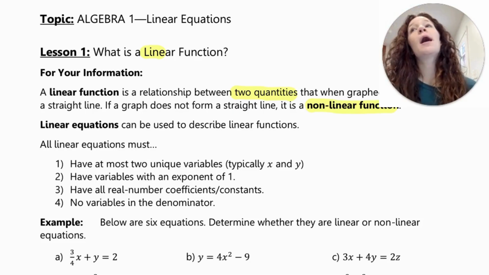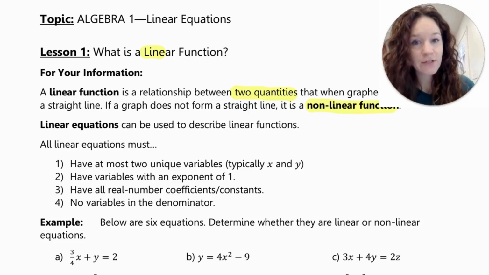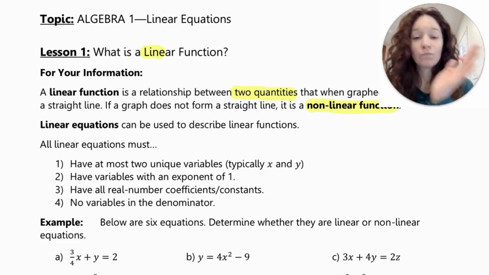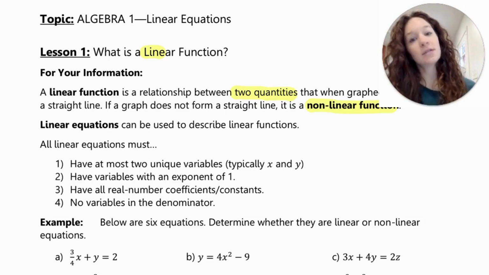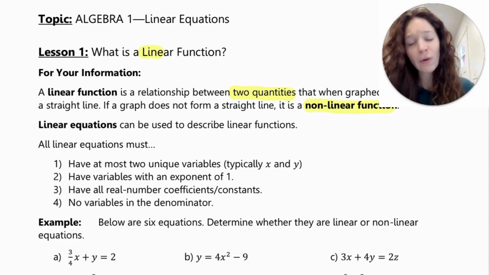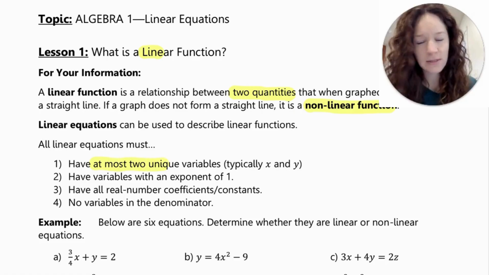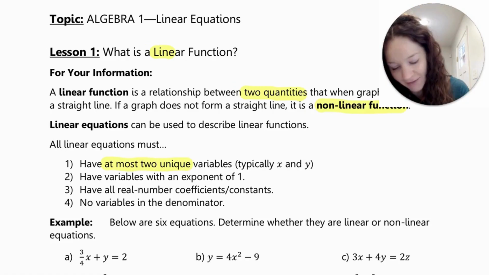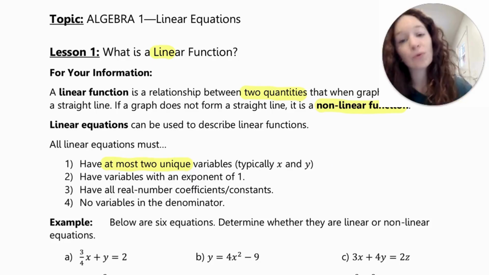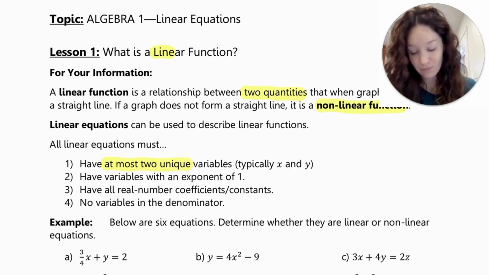So rather than having to graph every single thing, we want to recognize some patterns that will differentiate linear from nonlinear. If we have a linear equation, that is an equation that will have two variables in it, most typically x and y, at most two unique variables, okay?